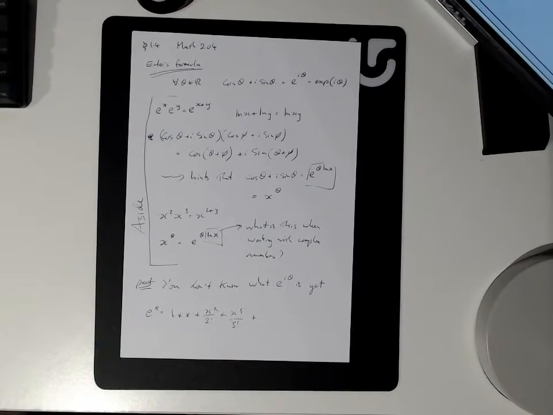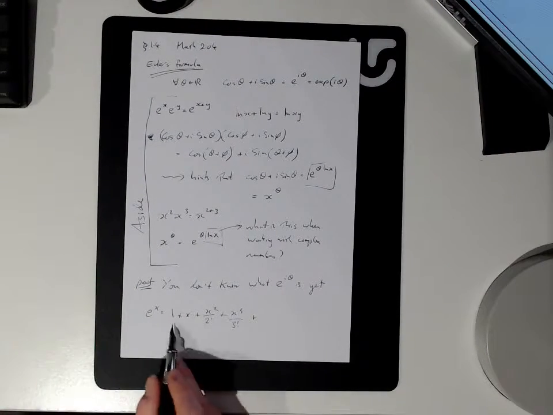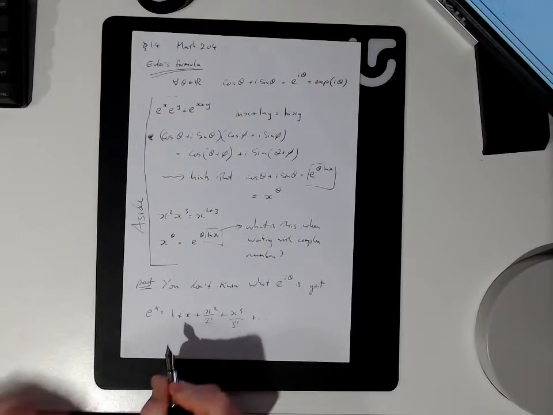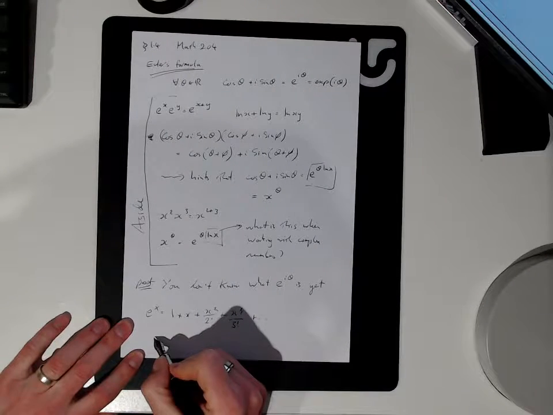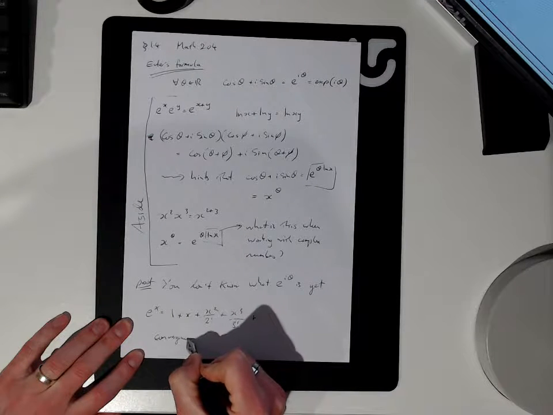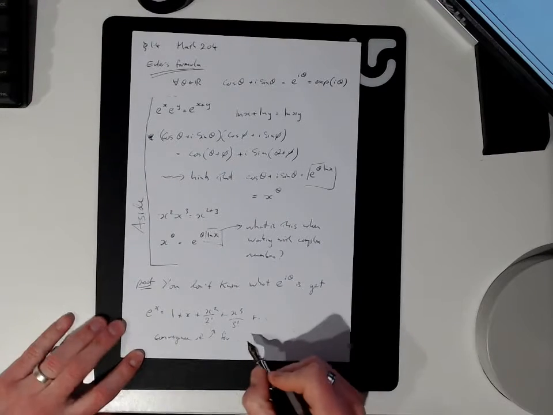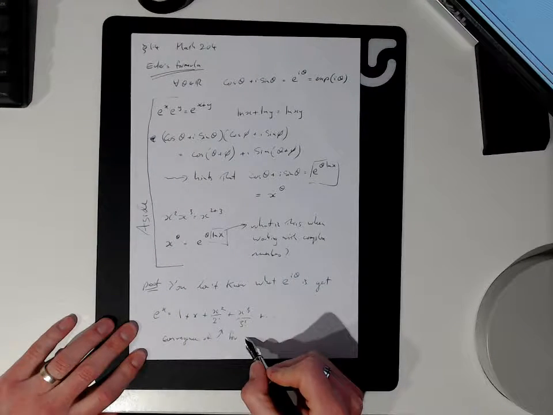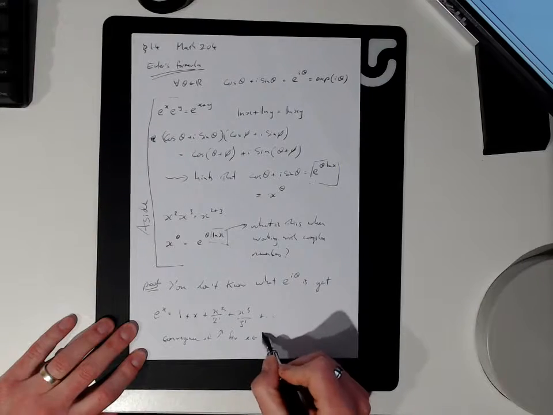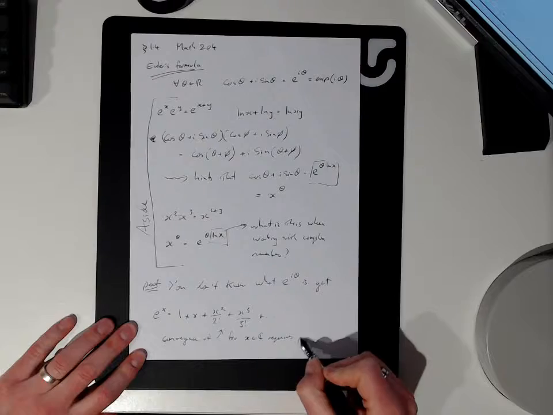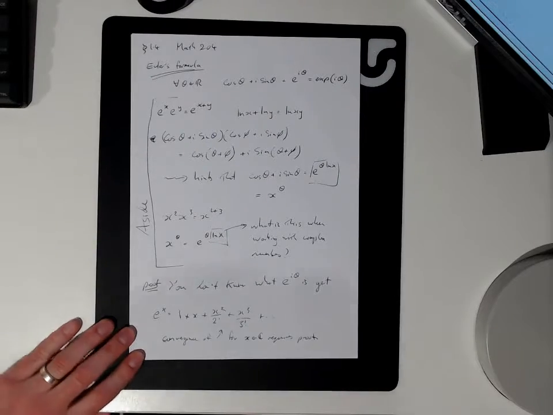The real question is, does this infinite series converge to anything when you put in a complex number? For x in the complex numbers, that requires proof. But you haven't been given any proof.